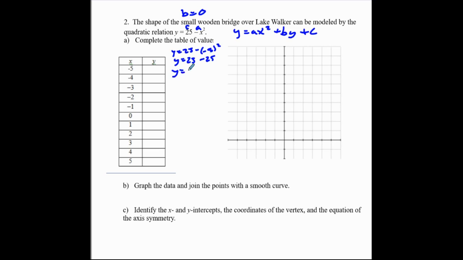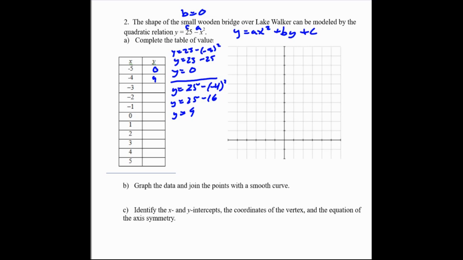Okay, and y equals 0. So now we know that. If we do the next one, this could take some time here. Y equals 25 minus negative 4 squared. That's going to be 16. So y equals 25 minus 16. Y equals 9. We put 9 in there.